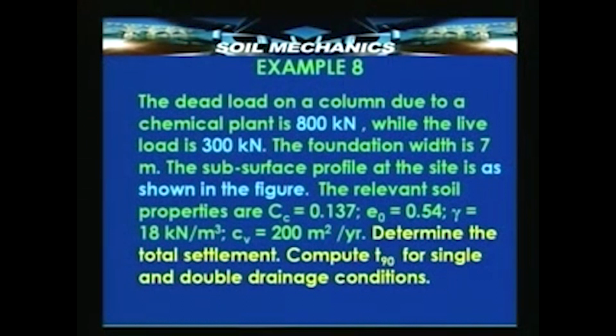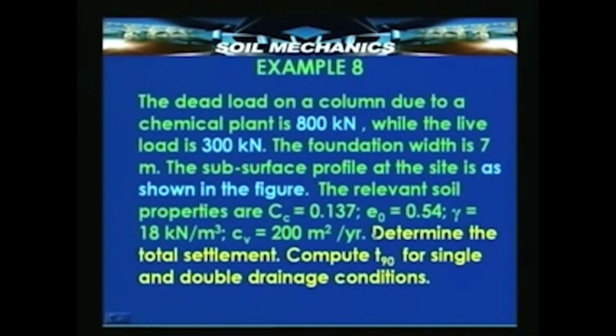The subsurface profile, the ground condition below the foundation, is shown in a figure which will follow in the next slide. The soil properties which are important from the point of view of consolidation are all known. For example, compression index is known as 0.137. Obviously, it is determined for the compressible soil with the help of an odometer test.